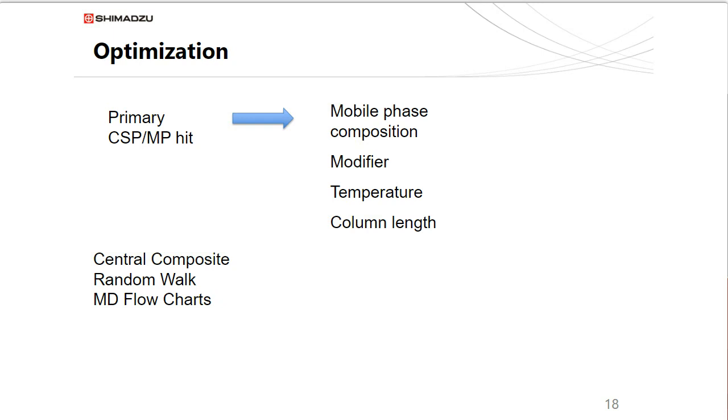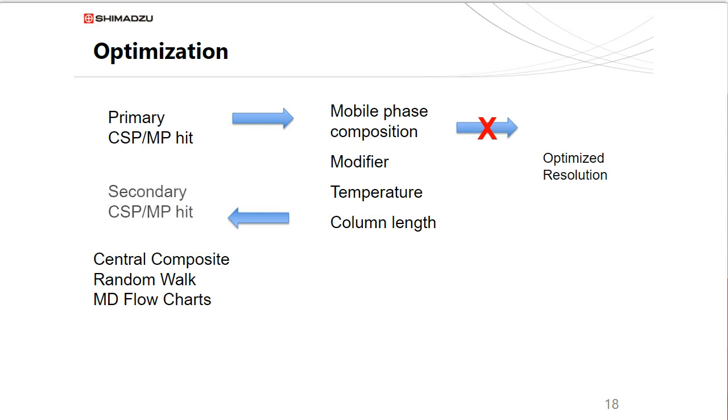But once you do the optimization, hopefully you come up with an optimized result. If not, you may have to go back to a secondary CSP and mobile phase hit, and then repeat the process of optimization until you get your optimized resolution.